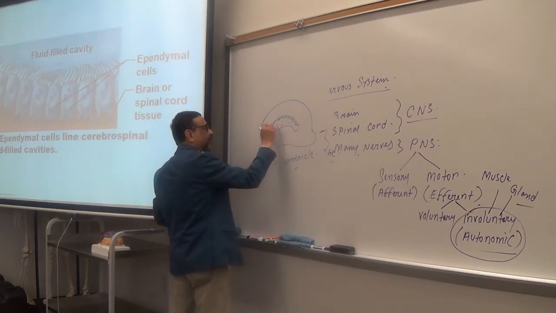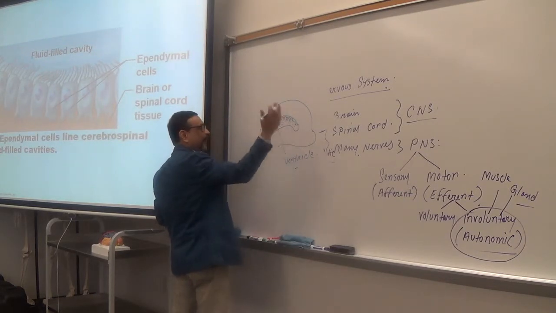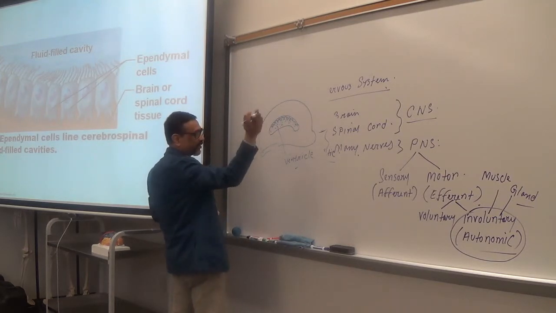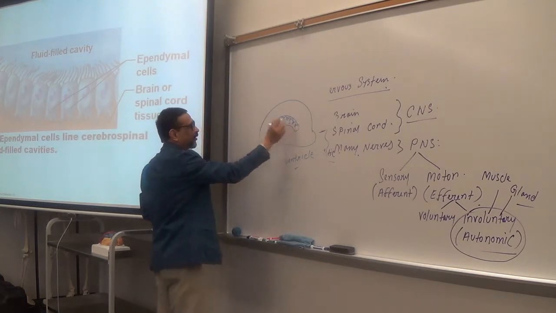And the ependymal cells have cilia, soft hair-like structures like this. And this cilia move like this. So cilia, soft hair-like structures, hit like this, to move the fluid inside the ventricle.